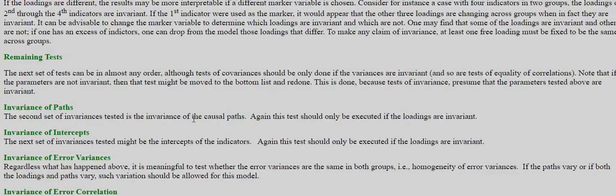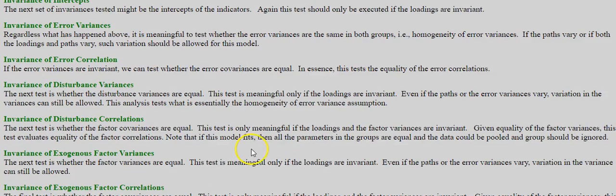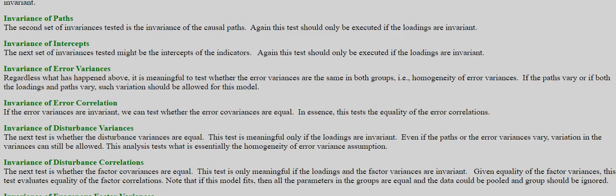And there are a lot of other invariances you can test, like invariance of the paths, invariance of the intercepts, etc. So Dr. Kenny actually breaks down invariance in much more detail than the 4 levels that I showed you that came from other papers and other materials on invariance.